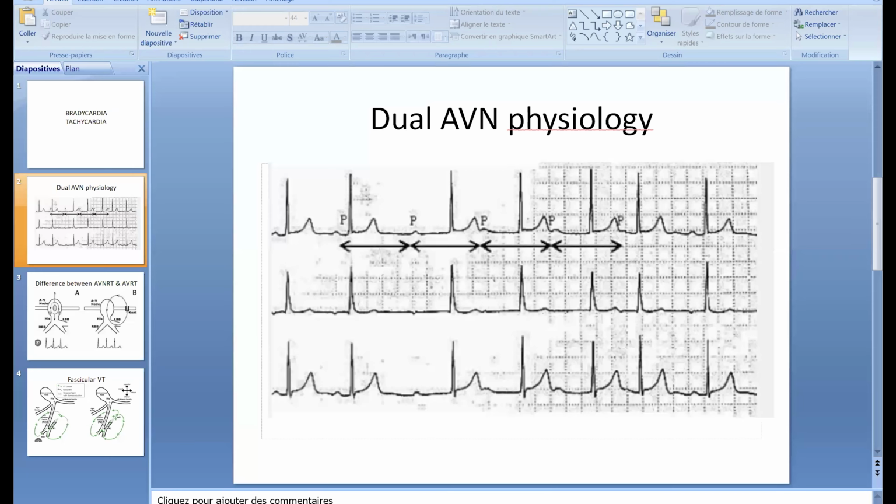So the first question was about dual AV node physiology. Dual AV node physiology means that the flow goes from time to time by the fast pathway and at other times by the slow pathway.